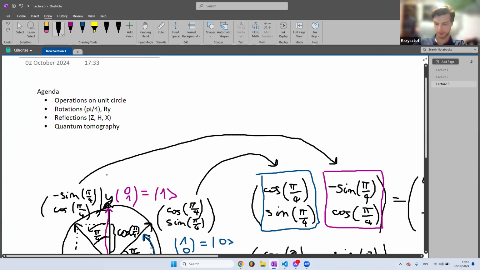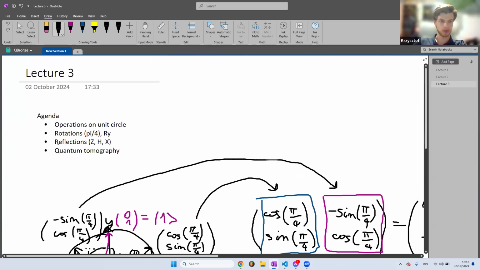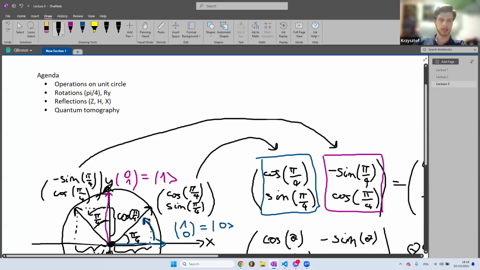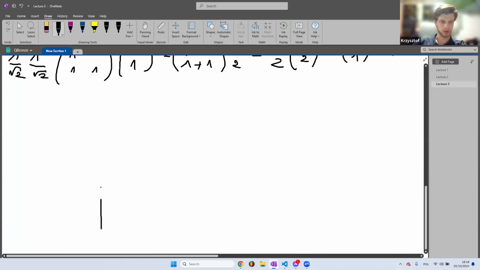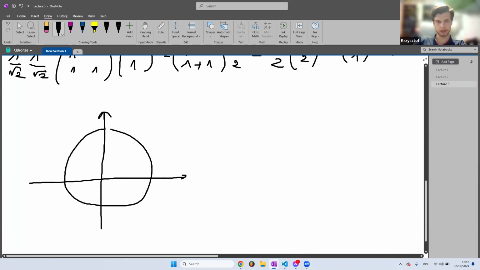Okay, so let me now move on to reflections, and especially we'll cover Z, H, and X gates in the sense of rotation. So let's begin with the quantum operator Z. And as you can recall from yesterday's lecture, the Z operator looks like this.